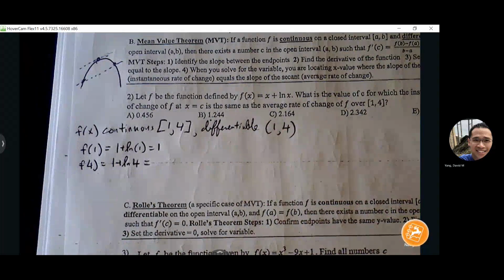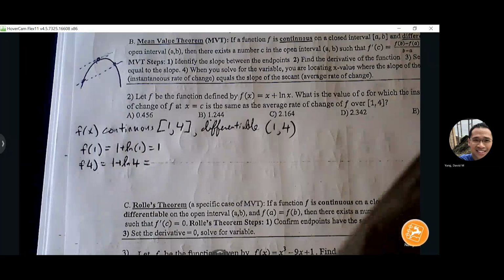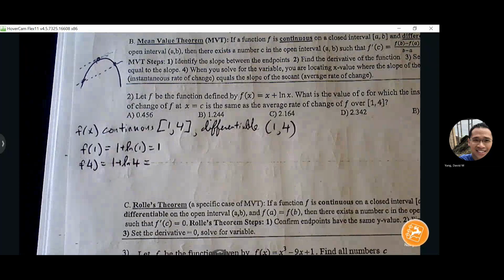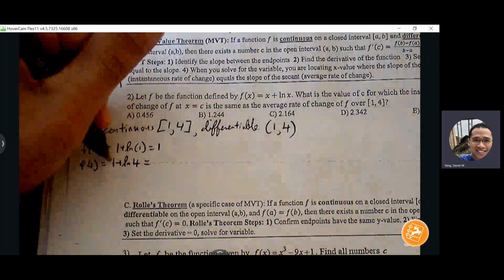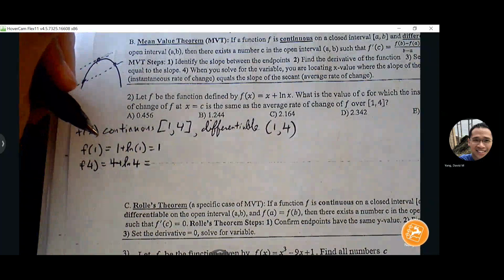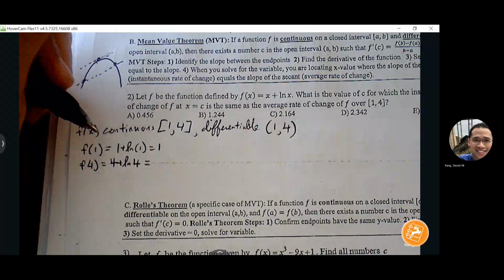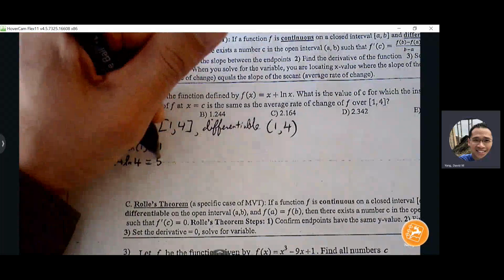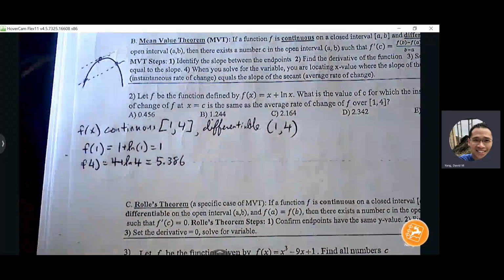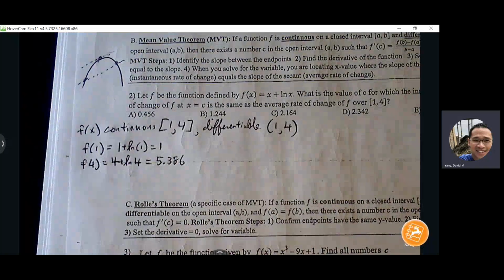That gives 5.386. So now that I have my ordered pair, what information can I find now?